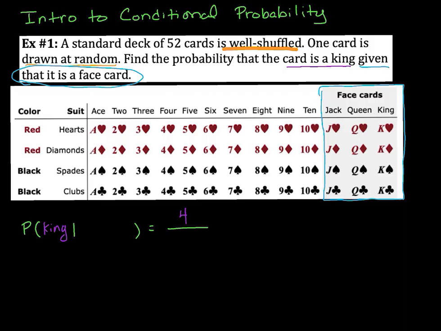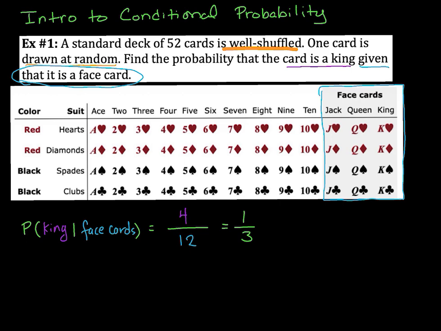And how many face cards are there? That is a total of 12. So the probability of a card being drawn, and it is a king, given that you know it's a face card, is 4 out of 12. We could reduce that to 1/3.